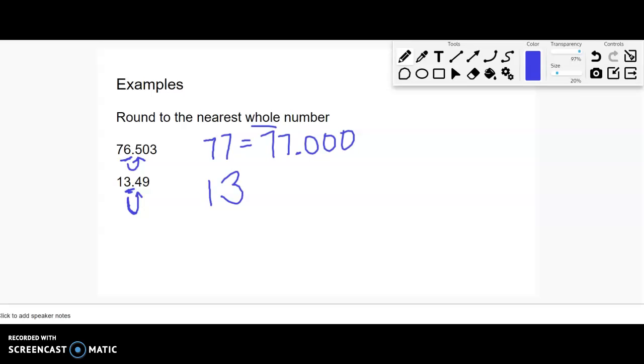Everything afterward becomes a 0 or goes away. So I could just write 13 or I could write 13.00 because those two things are equal. So again, 13 and a part, in this case 49 hundredths, is closer to 13 than it is to 14. It's below half, just barely below half, because 50 hundredths would be half, so it's just below that, so we round down.